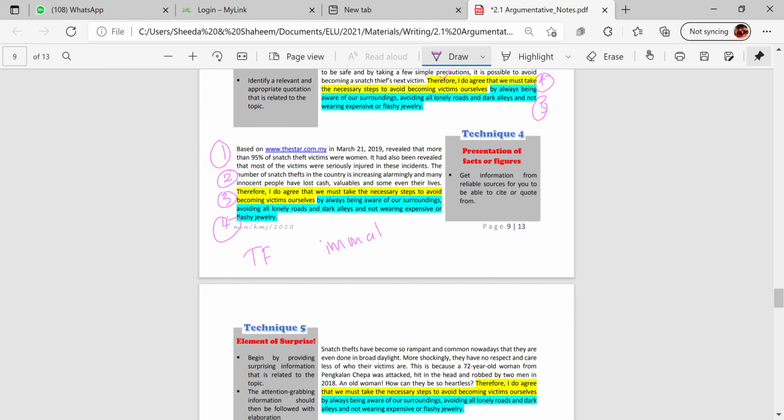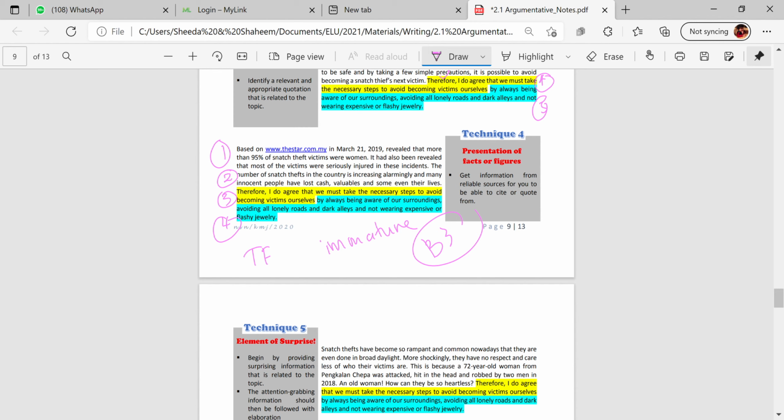When you show lack of maturity in presenting your ideas, you are in a category of band 3. Clear? So make sure that if you want to say based on this research done by University of Malaya, for example, make sure it is specific and not in general terms. Anyone can write based on research, based on survey, and all those things. So that is the difference if you want to use presentation of facts or figures.